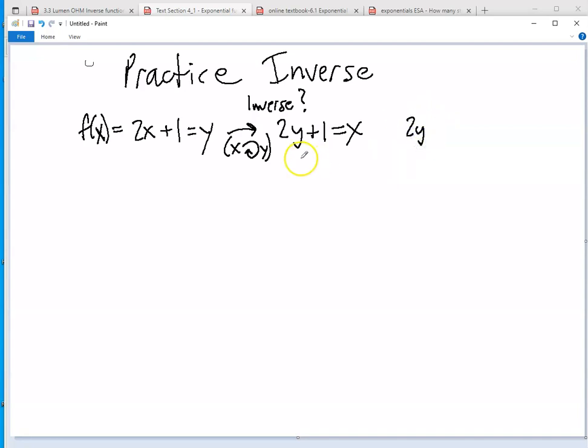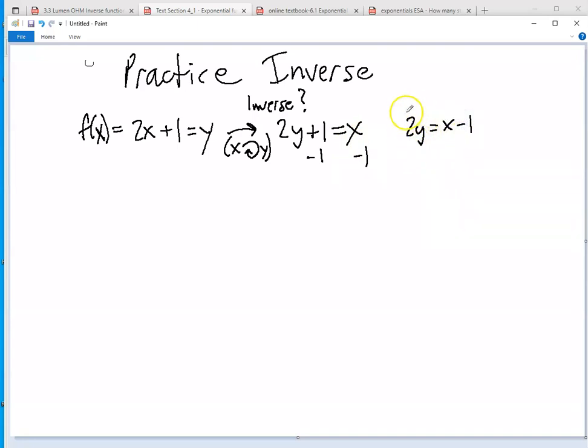Let's make the notation here. I'm going to subtract 1 from both sides so I can have the 1 come over here by the x. And we're getting y closer to be by itself. We can do that and maintain the equality. So 2y equals x minus 1.